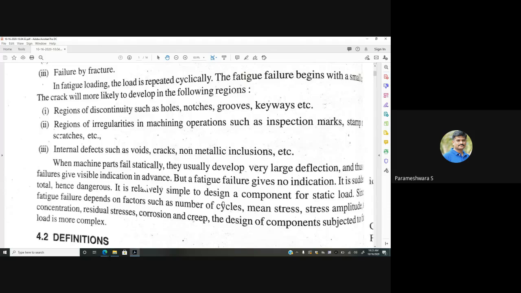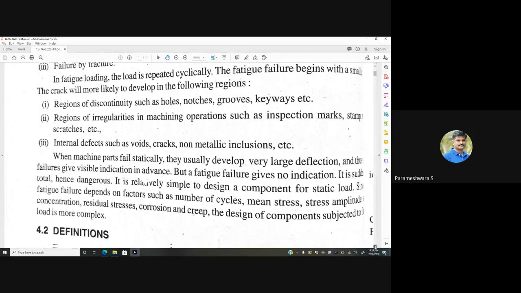This failure depends on the number of cycles the body is subjected to loading, the mean stress, the stress amplitude, stress concentration, residual stresses, corrosion, creep, and various factors. So these are all the factors responsible for fatigue failure.